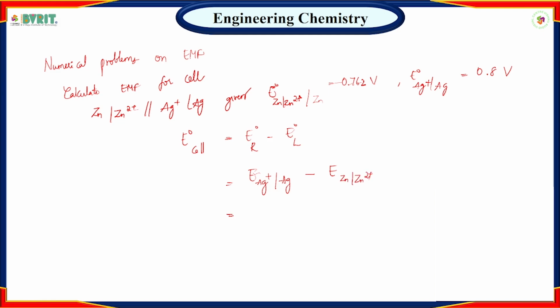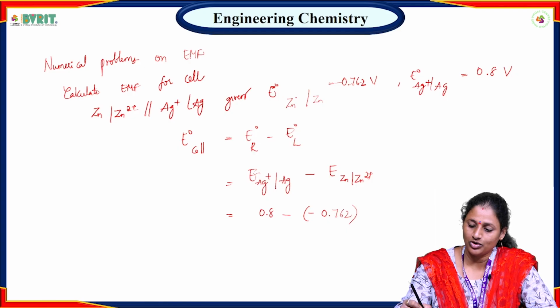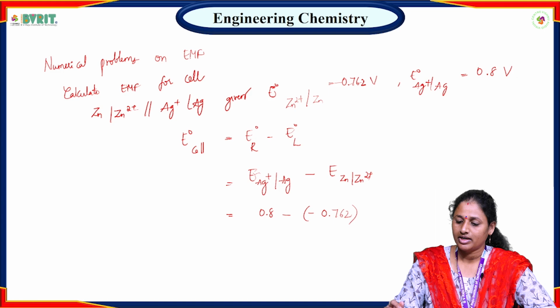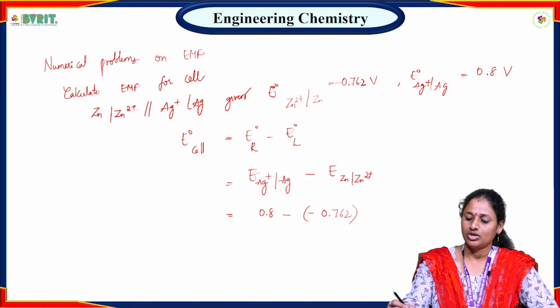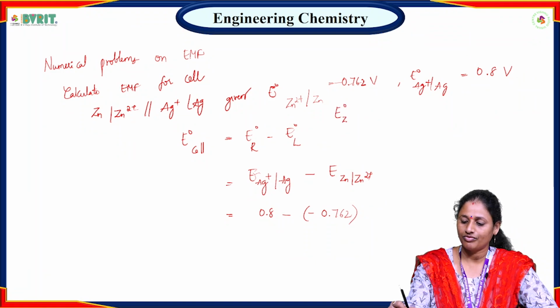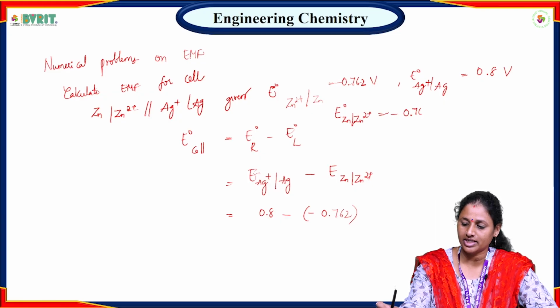Substitute the values: 0.8 minus, here the E naught value needed for Zn2+ | Zn is minus 0.762 volt.